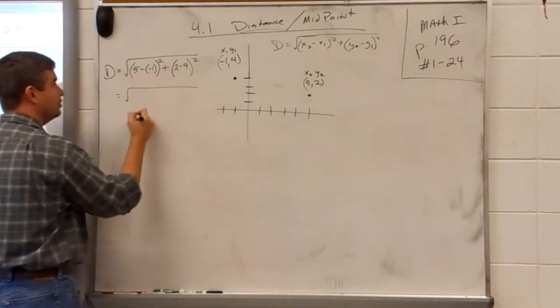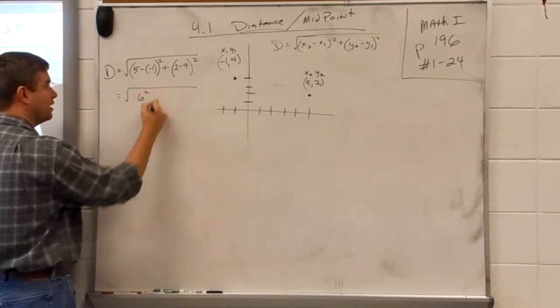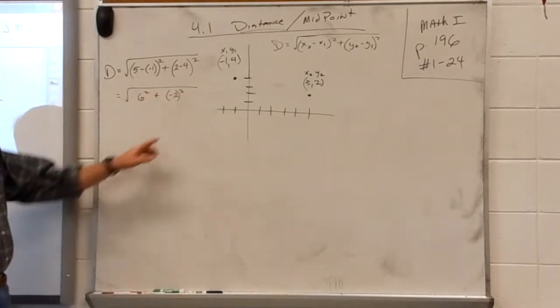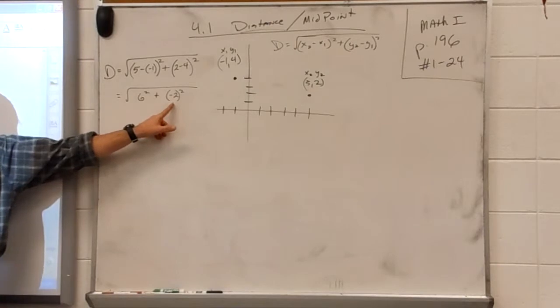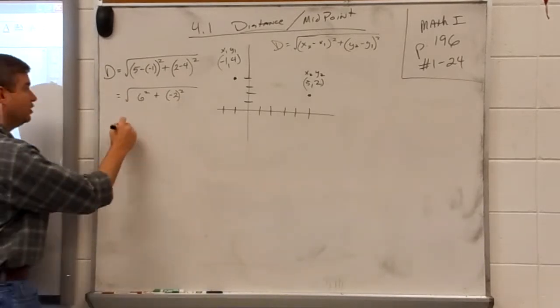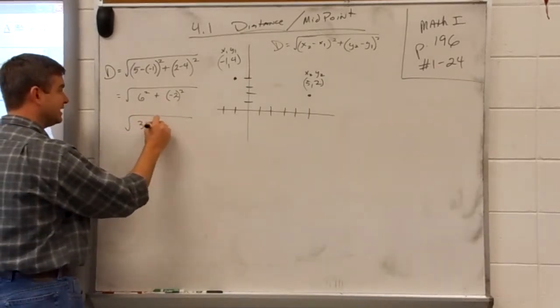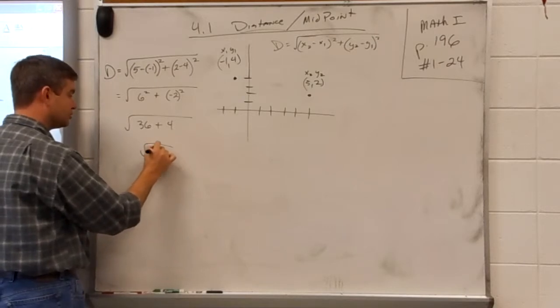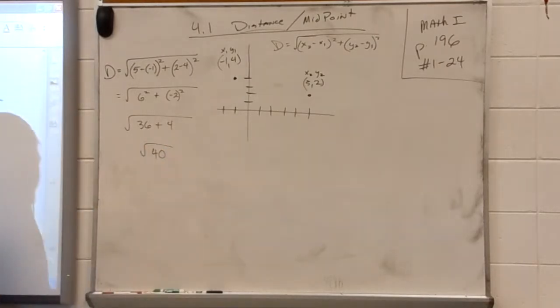Equals the square root of, we said that that was 6 squared, plus, and this would be -2 squared. Why do I still have my parentheses there? Because it's negative, and a negative squared is going to end up being positive. So this is the square root of 36 plus 4, or the square root of 40. Am I done? Would I leave my answer as the square root of 40?